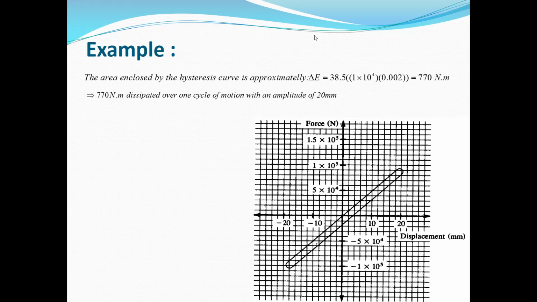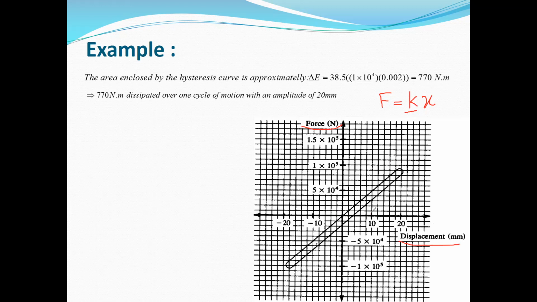You know that if you want to consider this structure as a spring, the force displacement relation is F equals K times X. So K is the ratio of F to X, and we can find K according to this curve, because the vertical axis is F and the horizontal axis is displacement, or X, in millimeter.